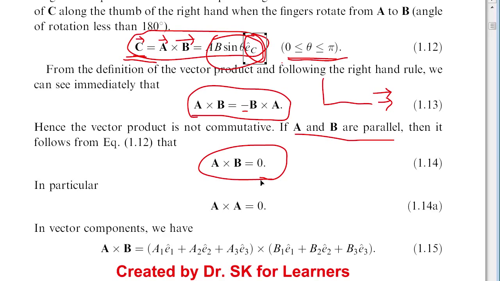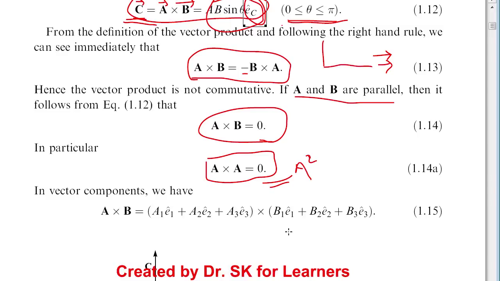Unlike in the case of scalar products, where if you multiply the same vector to itself, you will get a scalar quantity that is A square, here you will get a quantity which is 0. So it's quite easy to see the similarity and differences between cross product and dot product.